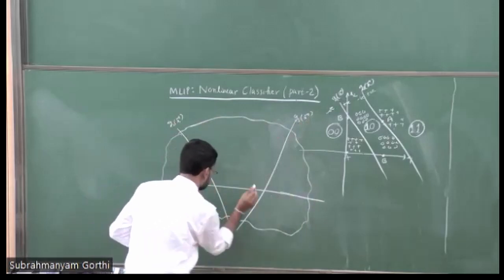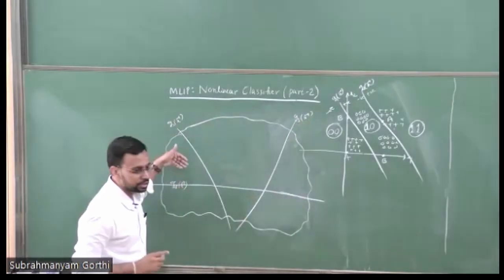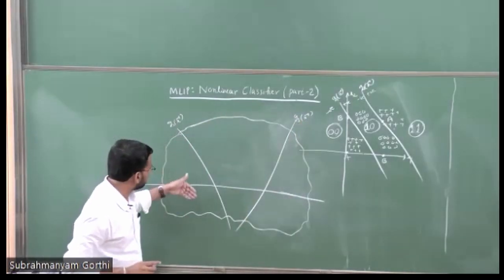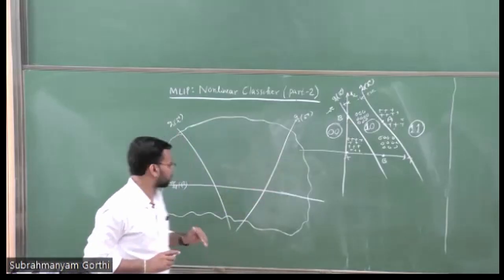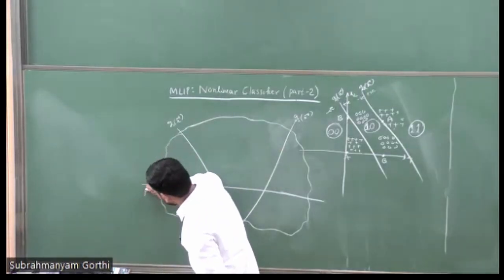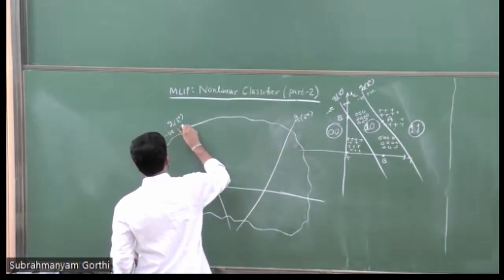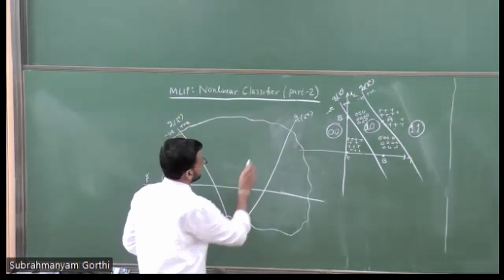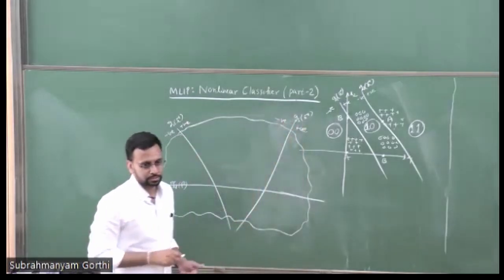Let me extend this also just to cover the whole region. Then how many sub-regions has it made? 1, 2, 3, 4, 5, 6. Six regions have come. And again, consider that this is negative on this side, positive this side, negative this side, positive this side, negative this side, positive this side.